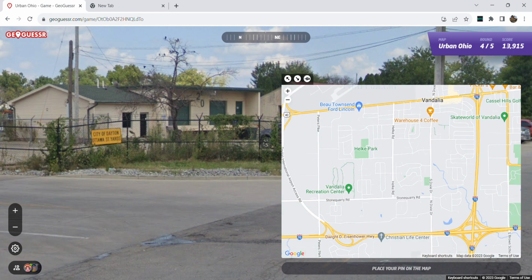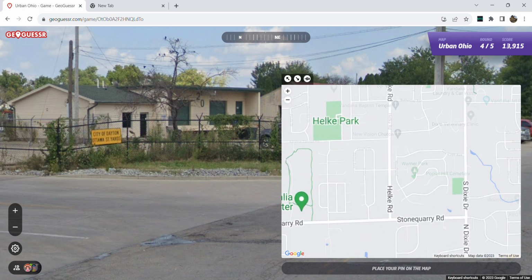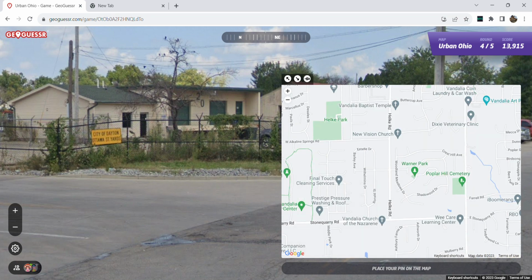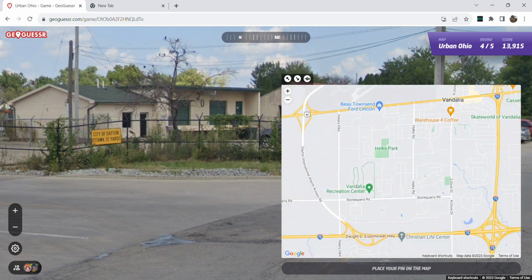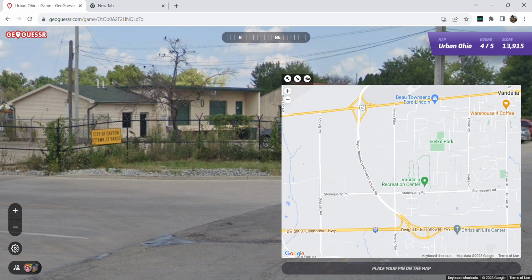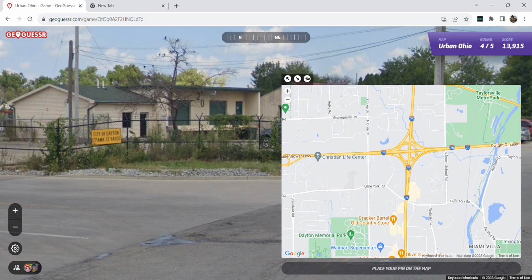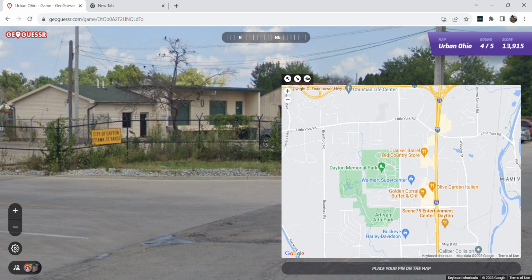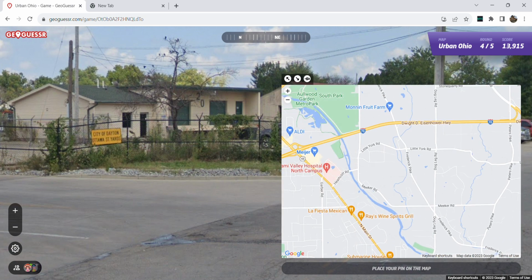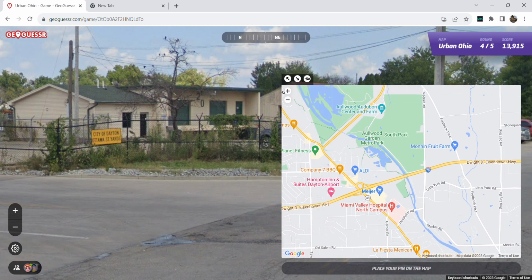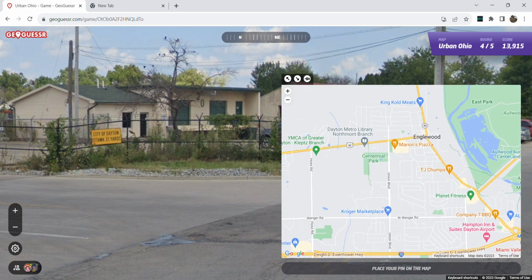I want to say it started with a V. My first instinct was that we might be somewhere near Vandalia and the Dayton airport. That might explain some of this, the industrial nature of what we're looking at. Ottawa Street.